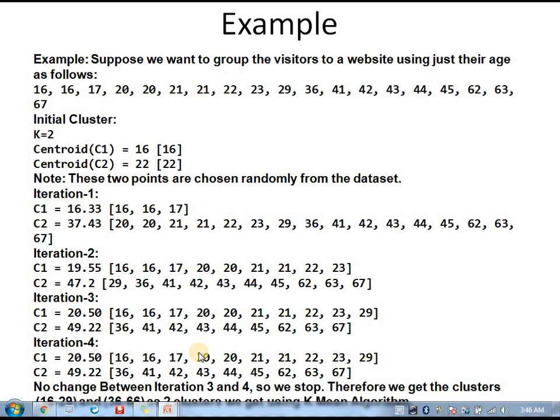There is no change between iteration 3 and 4, so we stop. Therefore we get the clusters 16 to 29 and 36 to 66 as the 2 clusters using the K-means algorithm.